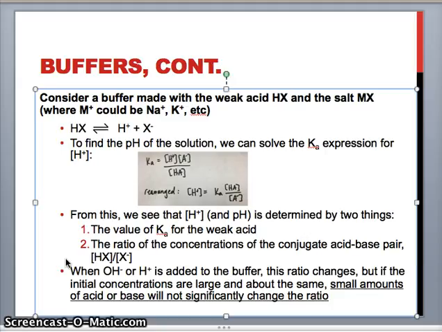So we left off with looking at this Ka expression for a generic weak acid dissociating into H plus and X minus, its conjugate base.